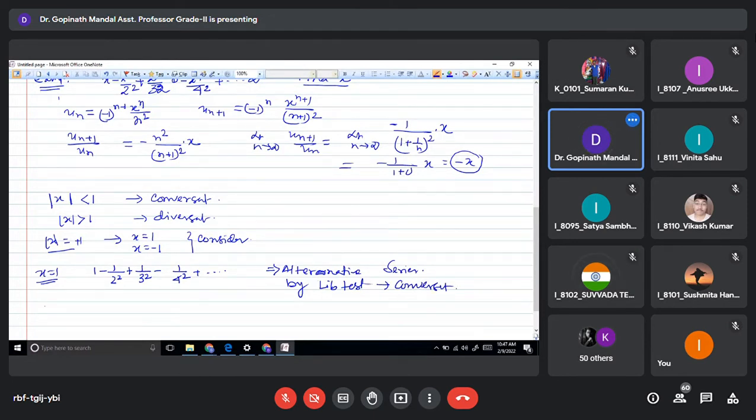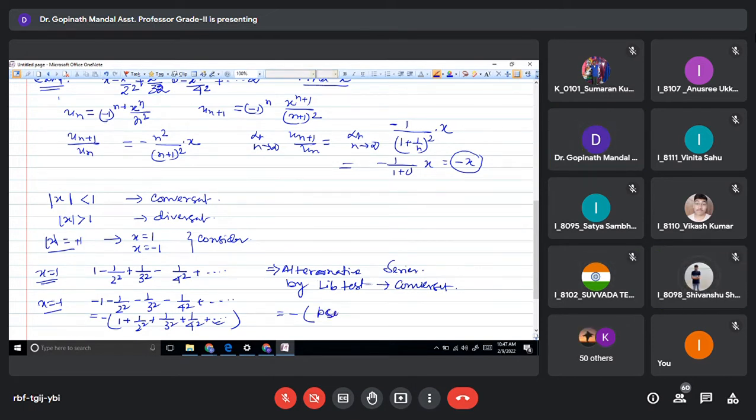And when x equal to minus 1, the series will be minus 1 by 2 square minus 1 by 3 square minus 1 by 4 square. If we take minus common, this is minus of 1 by 2 square, 1 by 3 square, 1 by 4 square. So this is actually minus of which series? P series, for P equal to 2.